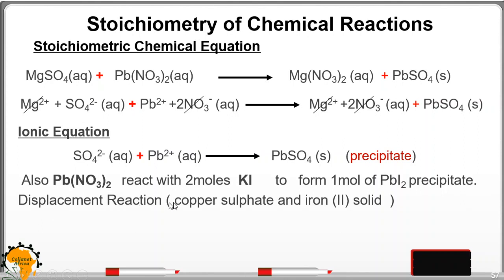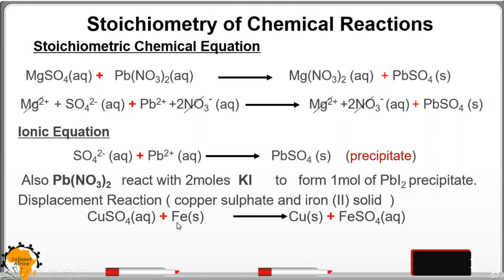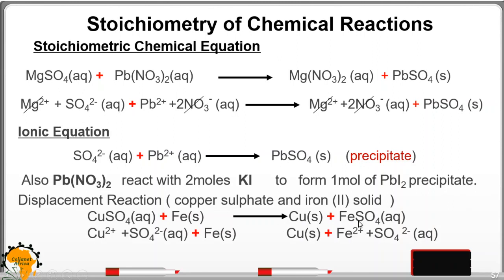Displacement reaction: we have copper sulfate reacting with solid iron. When copper sulfate, which is aqueous, is combined with iron, iron is more reactive than copper, so it displaces copper from the sulfate to form copper metal and iron(II) sulfate.